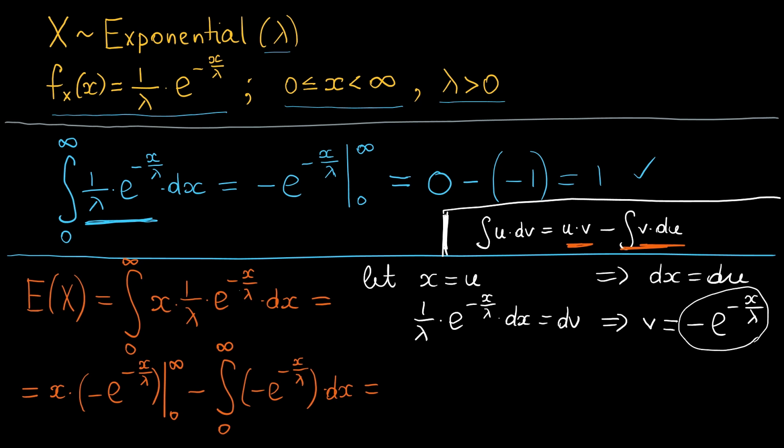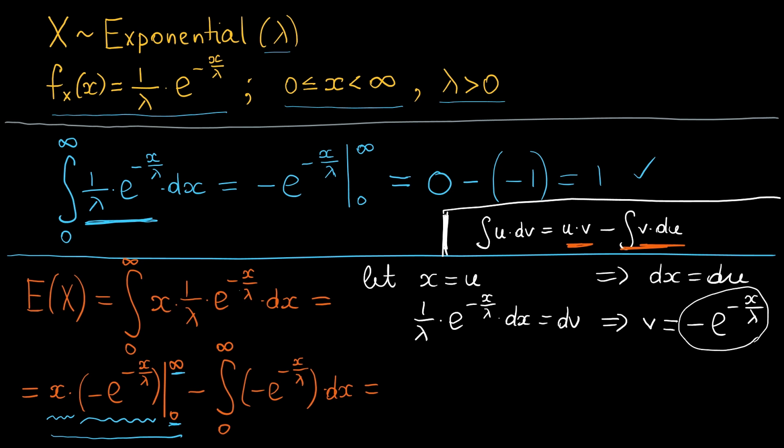This first expression is quite straightforward to evaluate, because when x goes to infinity, the term on the right will be 0. And when x takes on the value 0, the first term will be 0. So in either case, that first expression will be 0. So that one goes away.